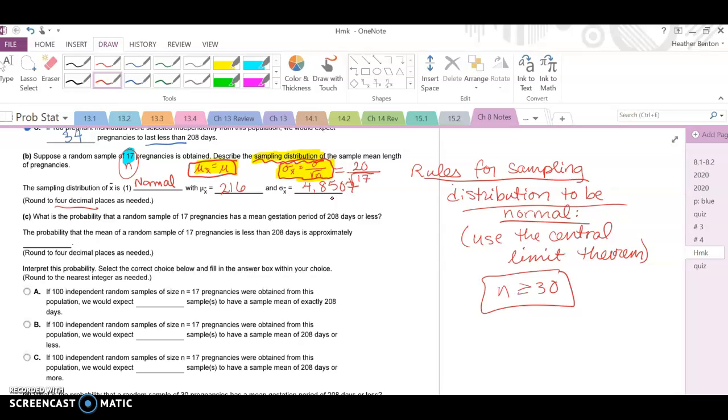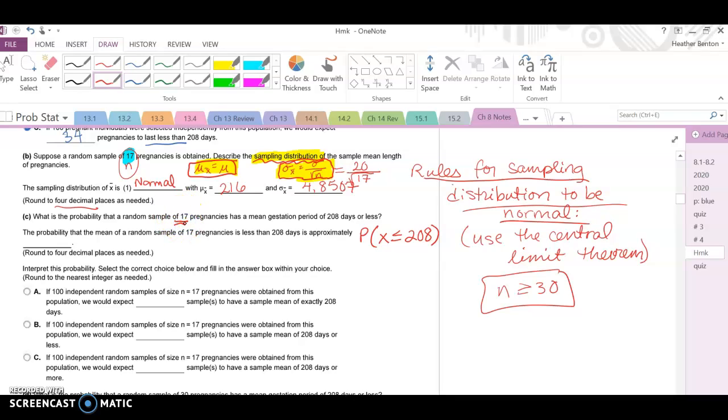All right, so in part C, what is the probability that a random sample of 17 pregnancies has a mean gestation period of 208 days or less? So the probability that x bar is less than or equal to 208. And we're still dealing with our sample.